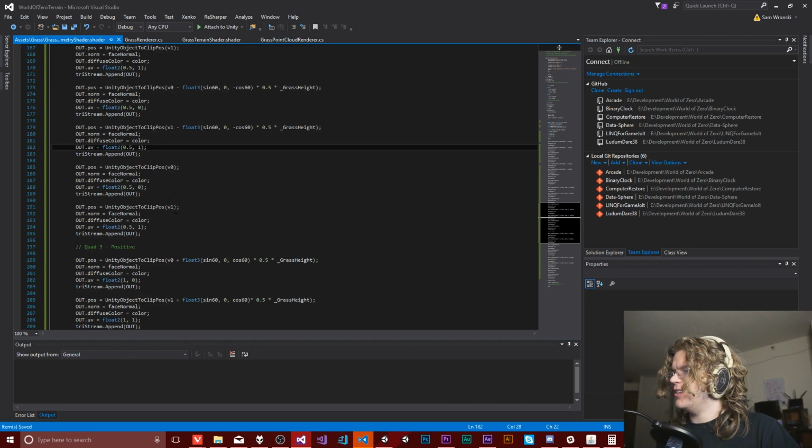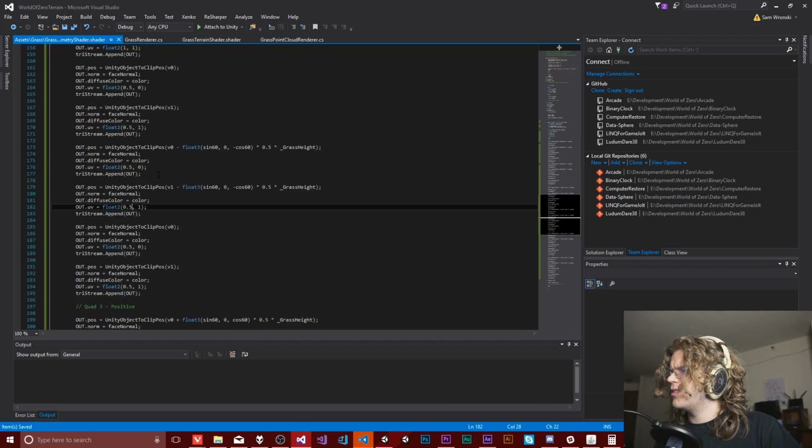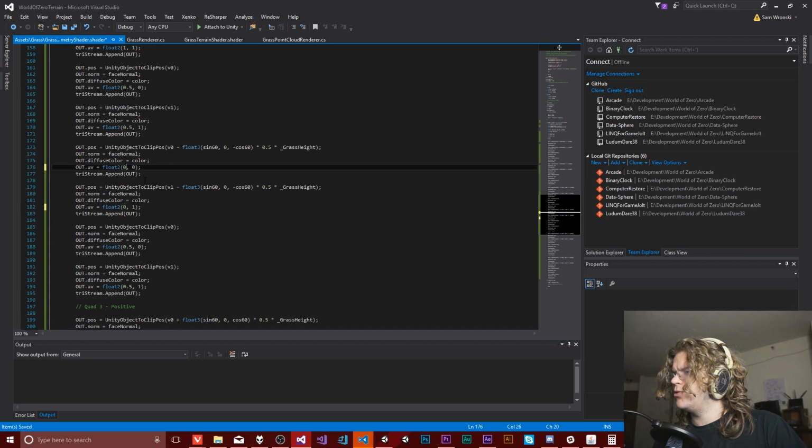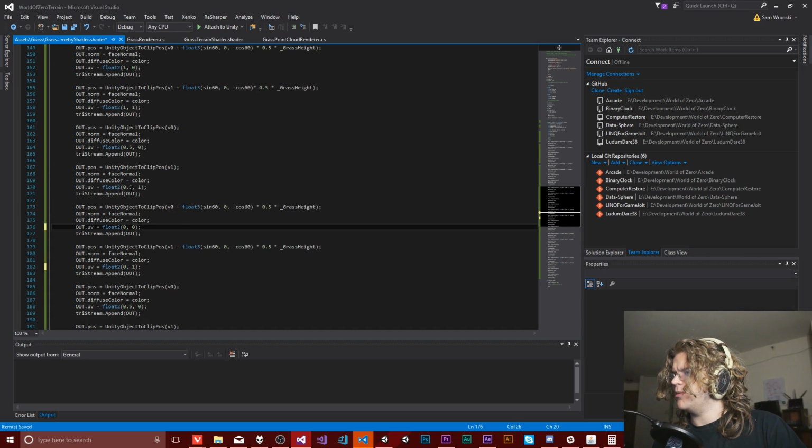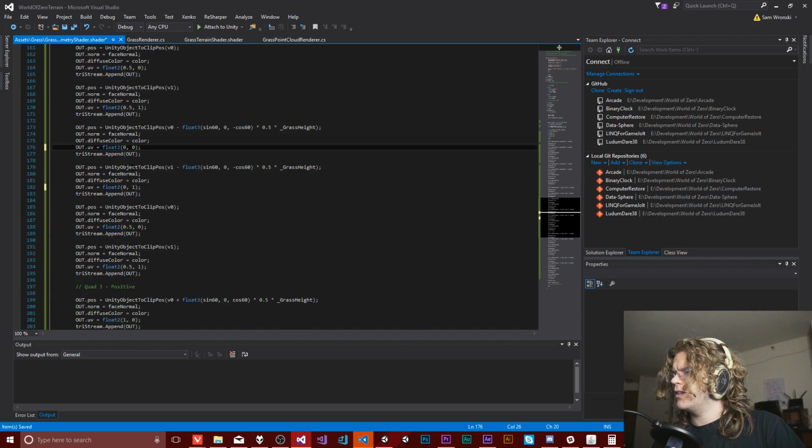So let's see here. Something's causing it to be very stretched. And I think it's this. Sorry, I didn't need to fix those. That was incorrect of me. So by fixing those, I put 0.5 and 0.5 on both at the maximum and the minimum.